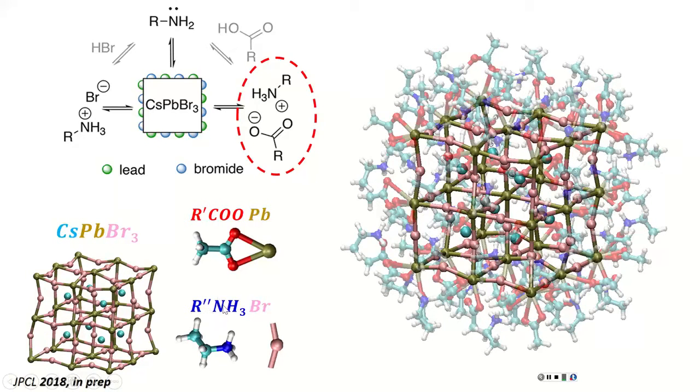And then the surface ammonium groups, they don't necessarily bind to the surface leads, but they coordinate with the surface bromines. And then they alternate throughout. It's hard to see from this picture, but usually these amines cover the faces of these perovskites and they replace where the cesiums normally would be.